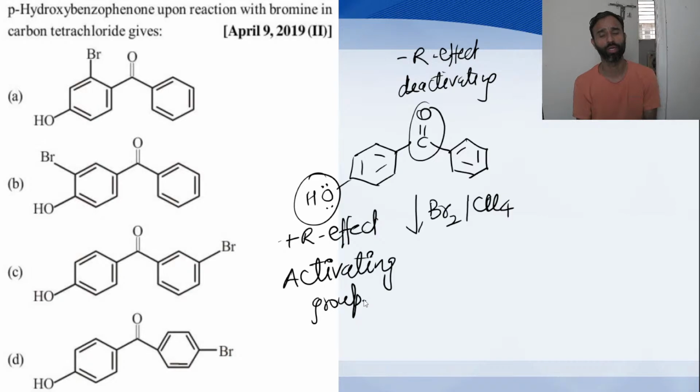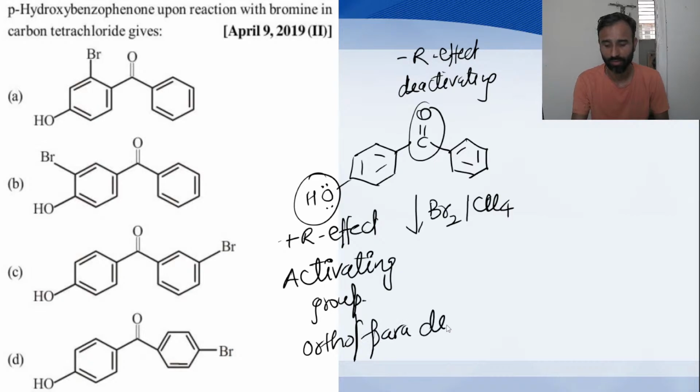That's why this activating group will direct the electrophile attack. Obviously, OH is ortho-para directing. So this bromine will attach at ortho-para. Para is already blocked, so obviously Br will be attached at ortho position.